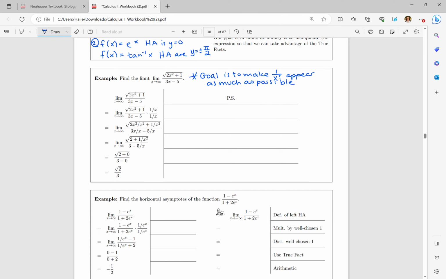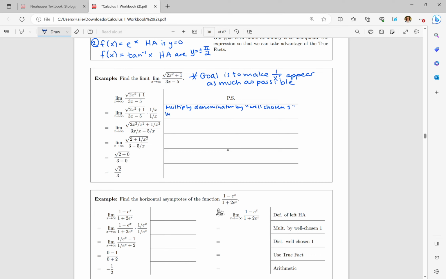So let's summarize this step by saying we multiply the numerator and denominator by what we call a well-chosen 1, and I believe we've talked about this before. So we say well-chosen 1 because we're multiplying by something over itself.